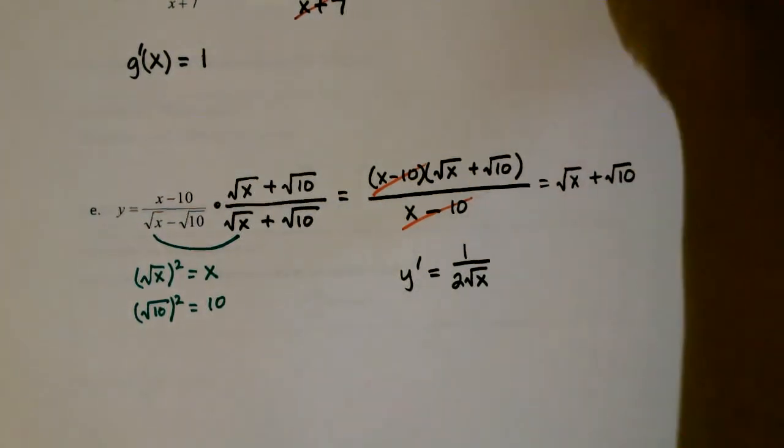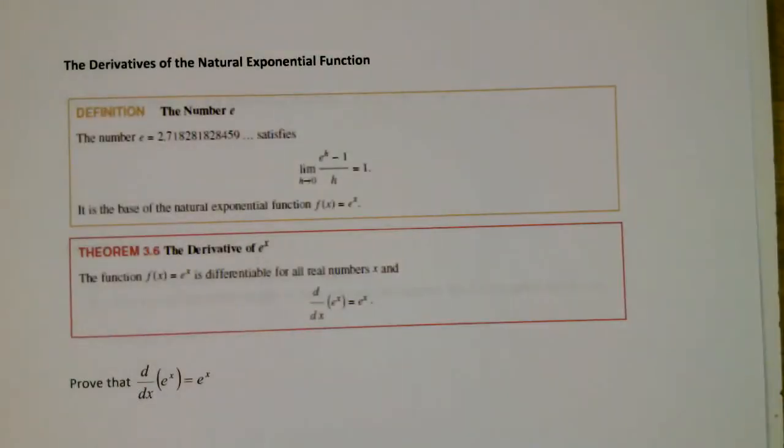All right, now let's switch gears here to the derivatives of natural exponential functions. Okay, we'll start with the definition and then we'll go into the derivative of e to the x.